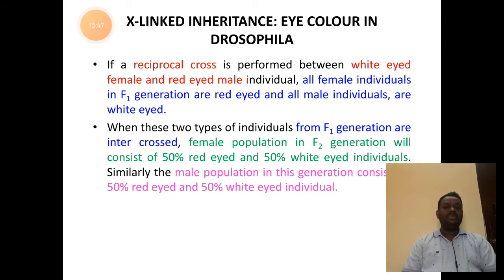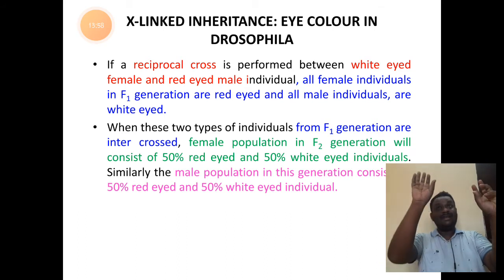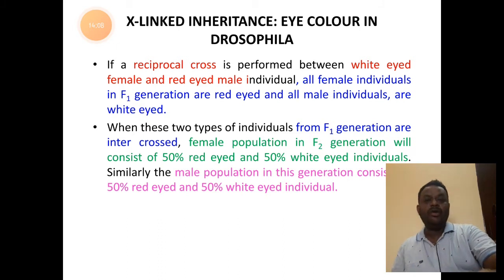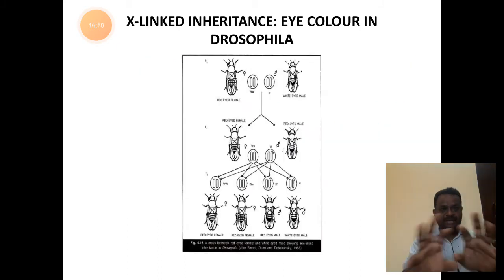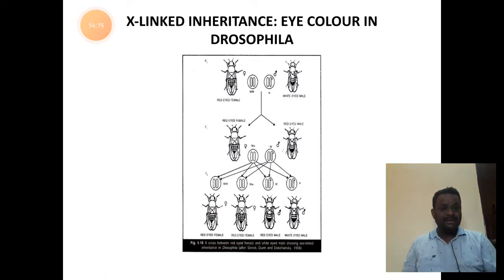Now, a reciprocal cross was performed. Understand, all this time he was using a white-eyed male to cross with a red-eyed female. The condition was that in the F1 generation all were red, heterozygous, and when the F1s were intercrossed, he found all females were red-eyed.